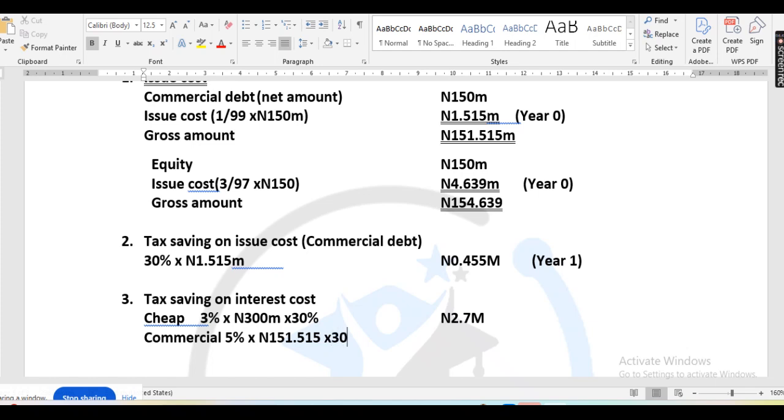Times 30%, right? So what do we have? The figure is 2.27. We are using 3 decimals, so we use 2.273.